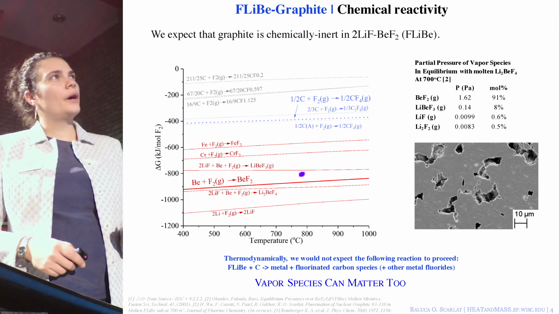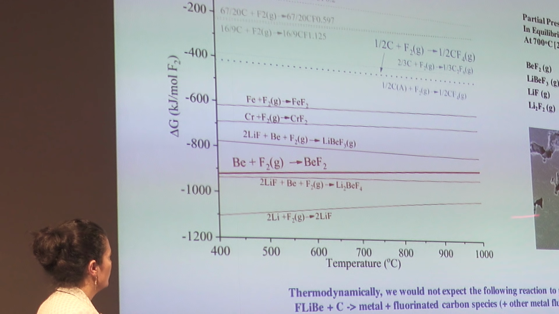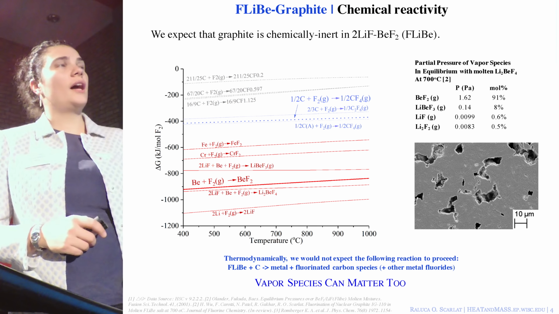And I'll also highlight that we looked at liquid species and gaseous species, and this was relevant because carbon is a porous material. And so, okay, this is our hypothesis.